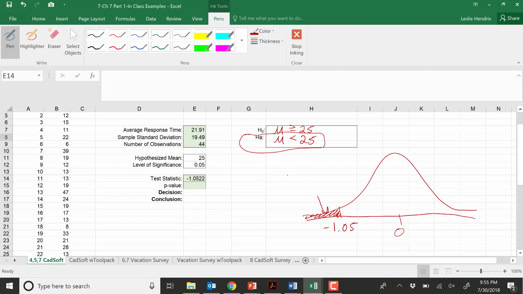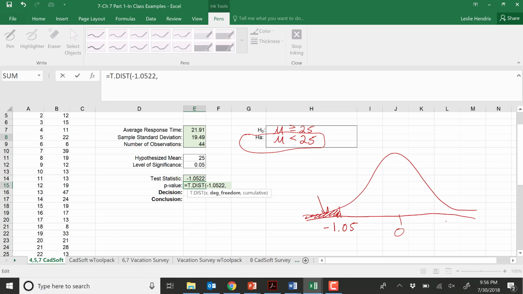All right, so to get that area in the t distribution, we can use our T.DIST function. The T.DIST function takes the value you want to look to the left of, so negative 1.0522, comma the degrees of freedom. And remember what the degrees of freedom are?